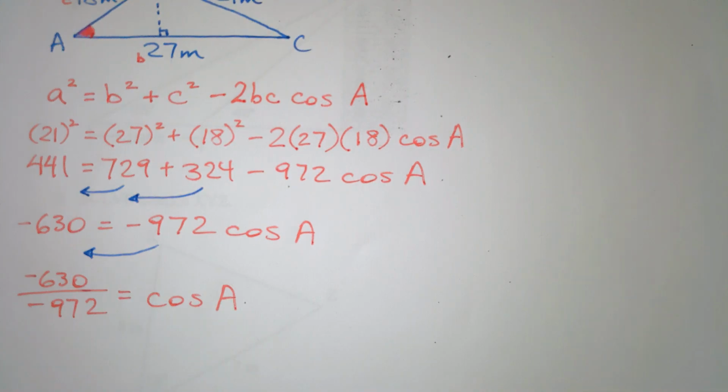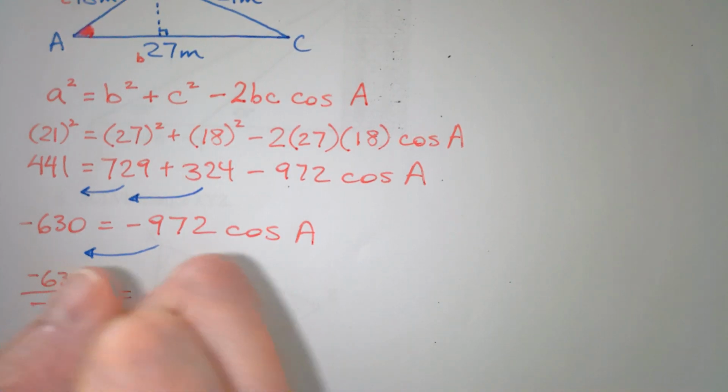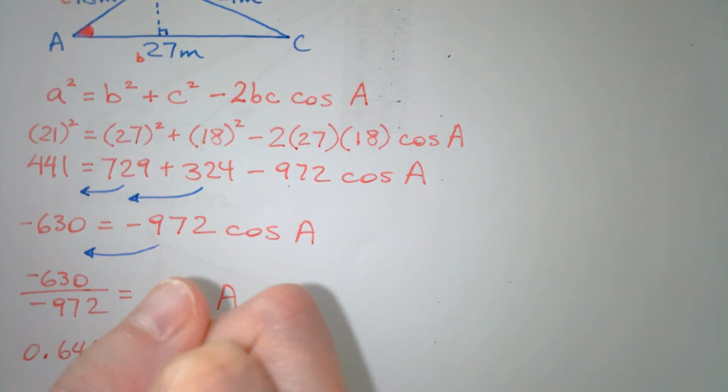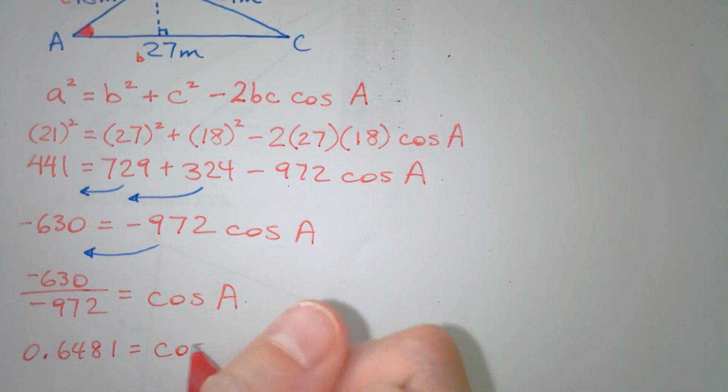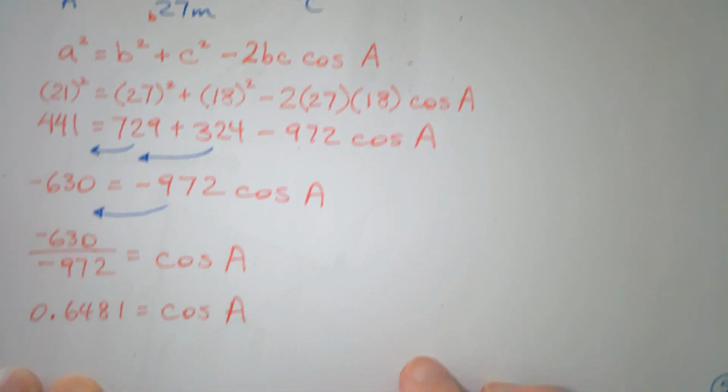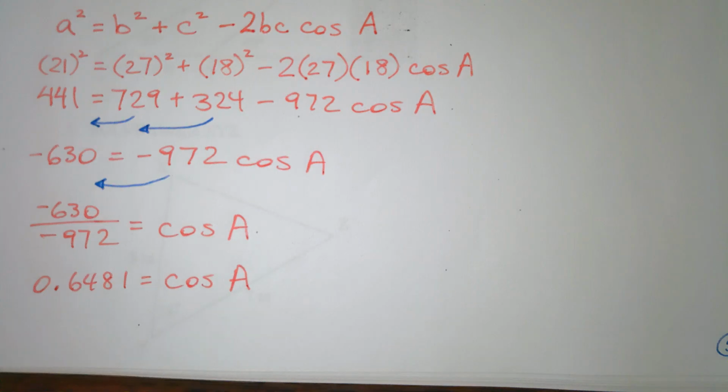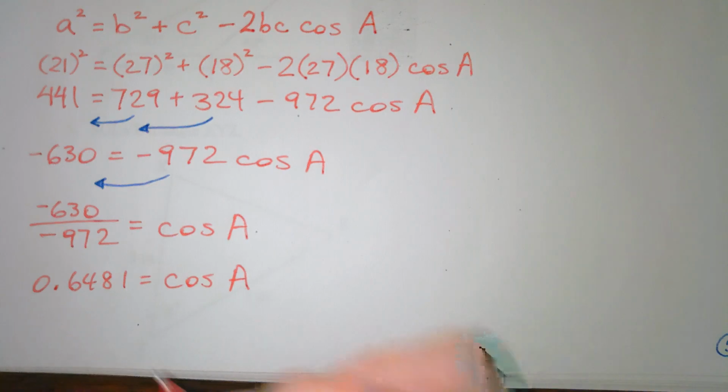So negative 630 divided by negative 972, you get 0.6481. How do I find the angle again? Shift cos. Good. So shift cosine, I get 50 degrees.